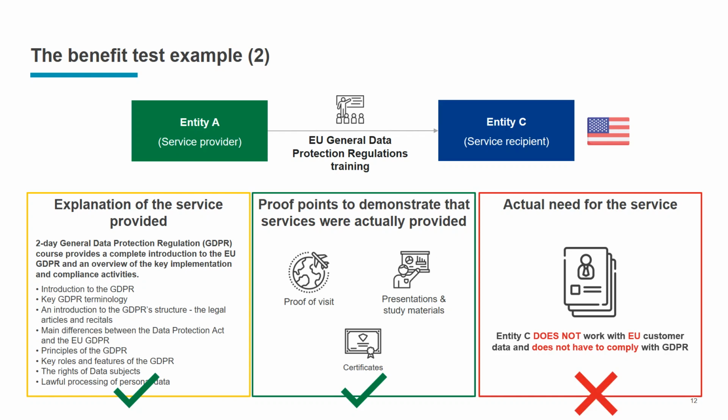Entity C should not deduct those costs of the services for corporate income tax purposes, and tax authorities, the IRS in the US, can challenge those services. So those services would not pass the benefit test.